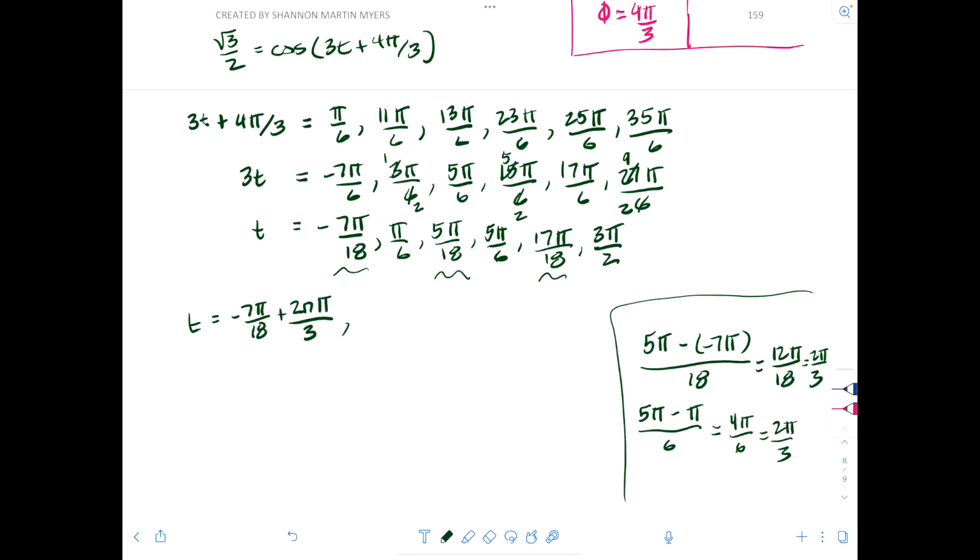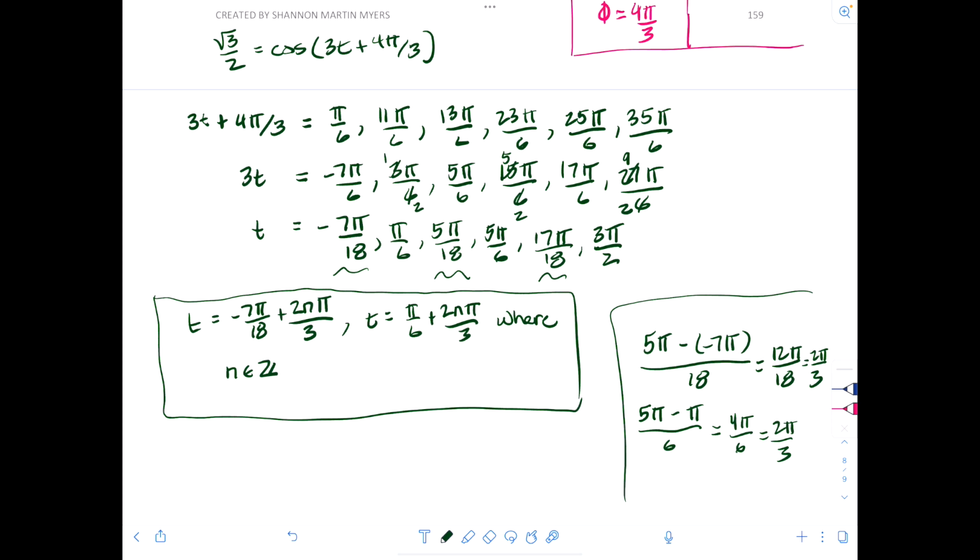So we're also going to get t is equal to pi over 6 plus 2 n pi over 3, and n belongs to the integers. Cool, cool? All right, and that's the solution. That's when we'll have that positive direction of velocity of 3.